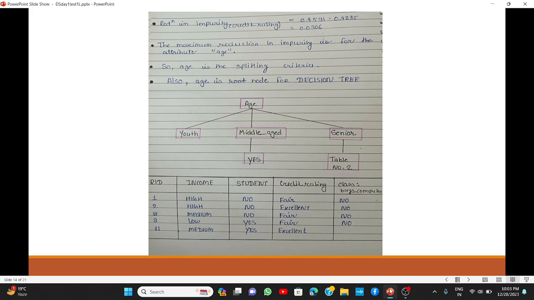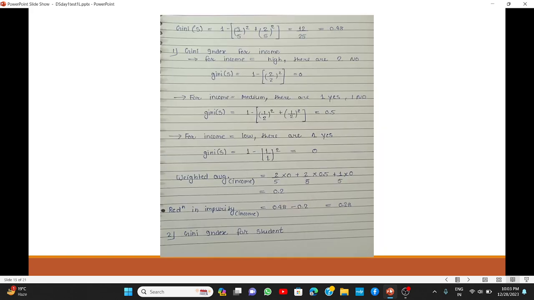Now, the decision tree for Gini index, where age is the root node, and we have a new table for the particular data sets. Then we will find Gini for this data set. So Gini for this small new data set is 0.48. Now Gini index for income.